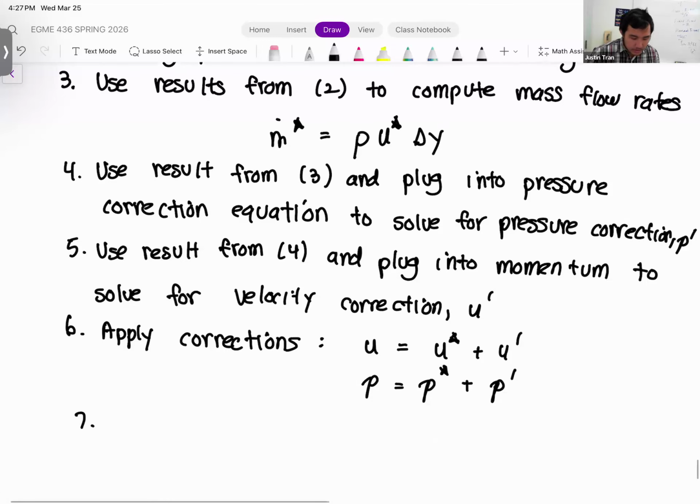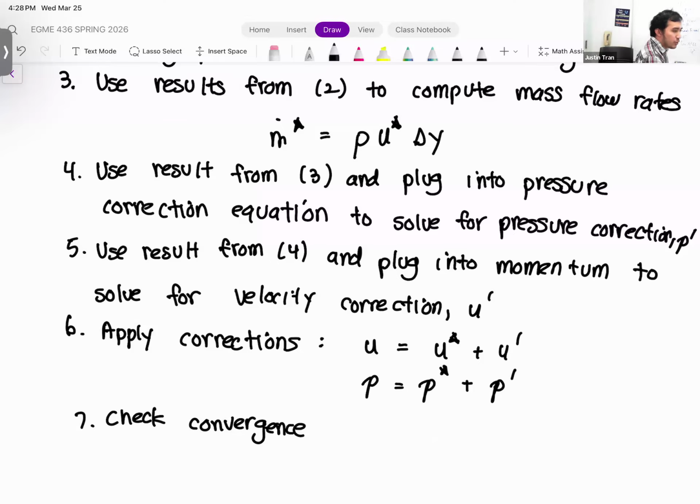All right, and then finally, step 7. Once we apply our corrections, we need to check and see if we've converged. The beautiful thing about Navier-Stokes is that, because it's a nonlinear equation, it's usually going to take us more than one iteration to get this right.